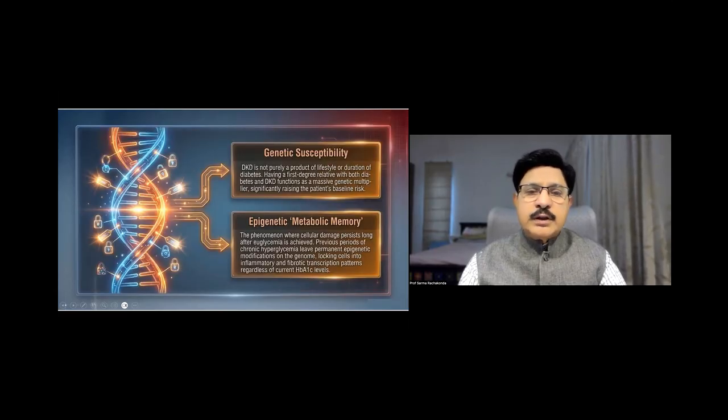Okay. Is there any genetic variation? Yes. On top of these, there is a genetic susceptibility. DKD is not purely a product of lifestyle or duration of diabetes. Let us say somebody is obese, diabetic, has had diabetes for 20 years, develops DKD. Yes, sure, but there is a predisposition.